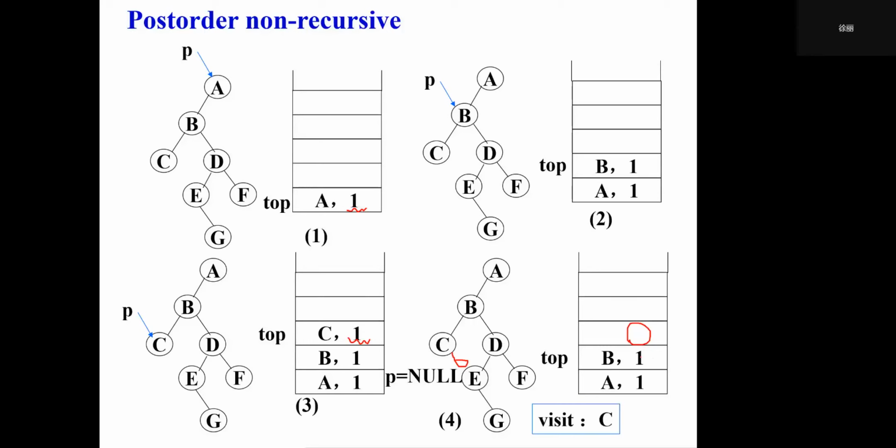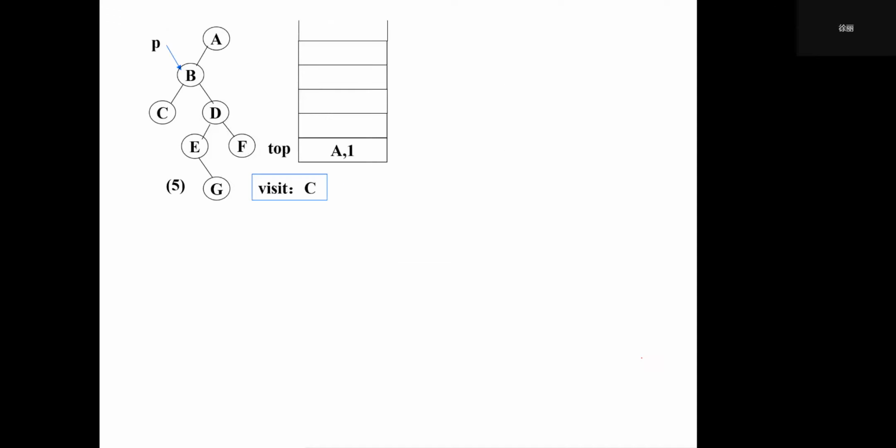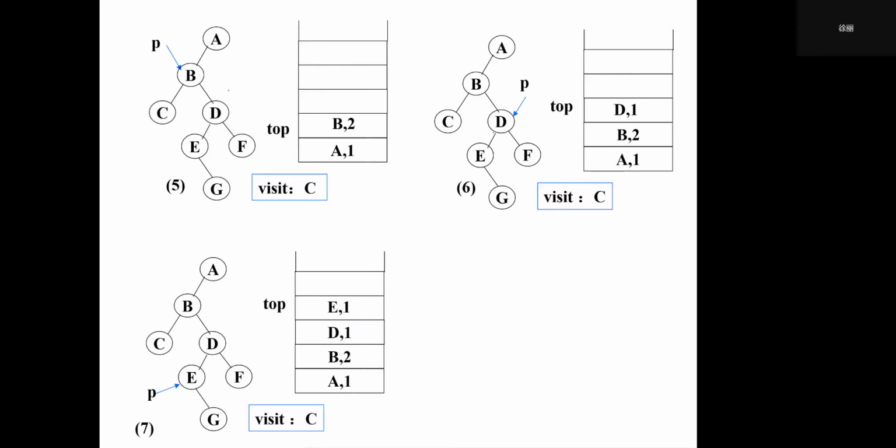Since this is 1, so we push B2. And we go right. So we push D1. And P is not null, so we go left. So we push E1 and go left. Left of E is null, so we pop E1 and push E2.